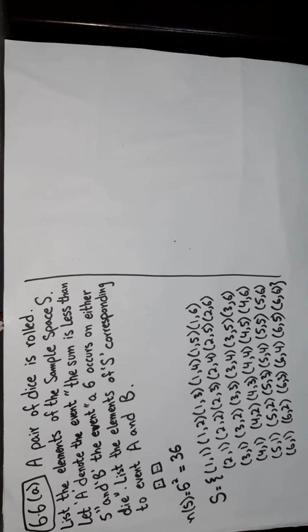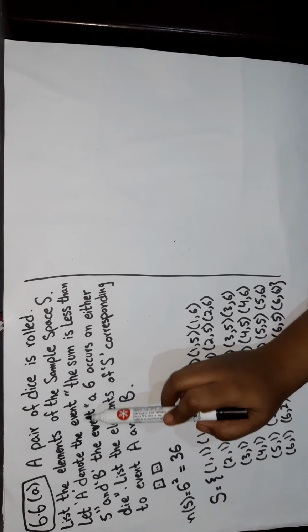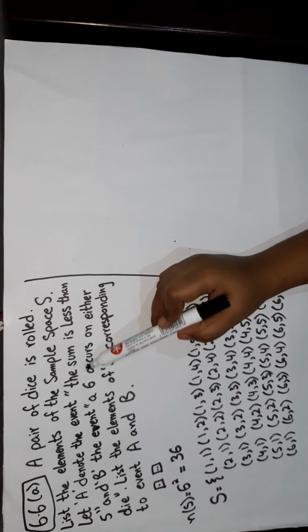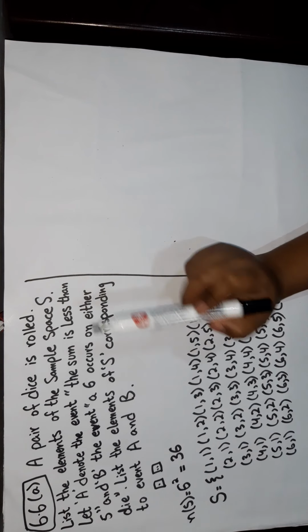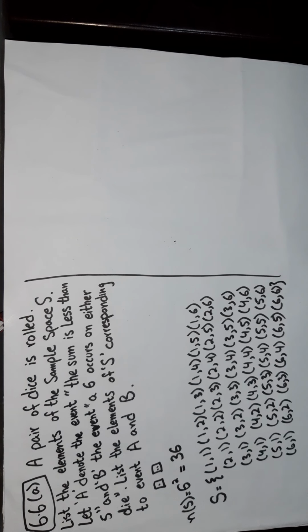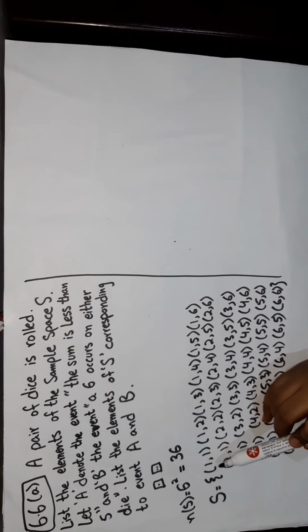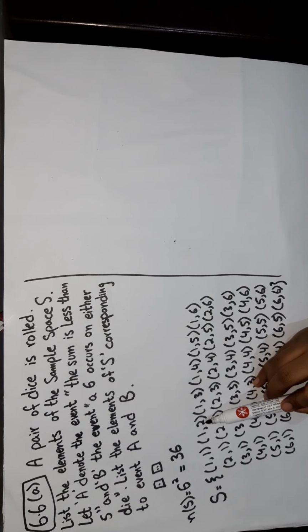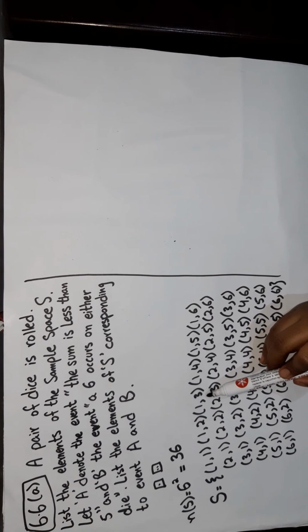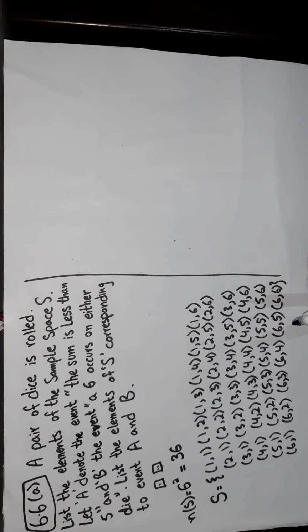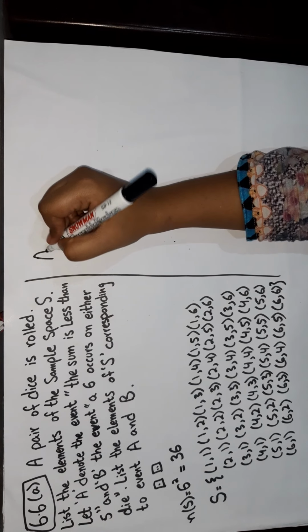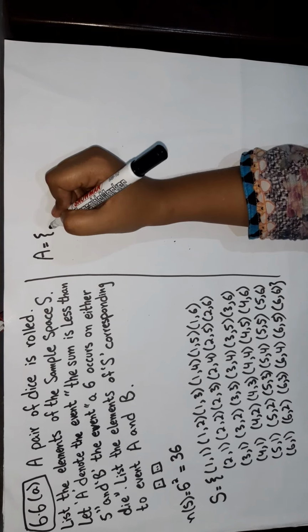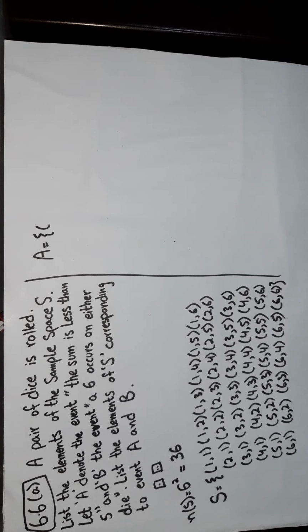Now the next step. Let A be the event which denotes that the sum is less than 5. Sum of what? The sum of both numbers which occur on both dice. The sum of 1 and 1 is 2, then 1 plus 2 is 3, then 1 plus 3 is 4, and so on. So event A will contain only those elements whose sum is less than 5.